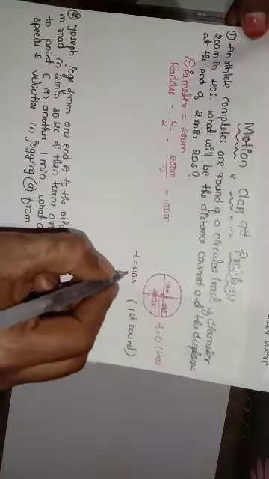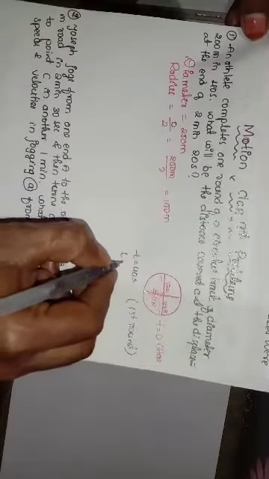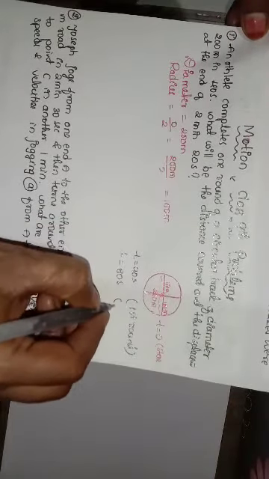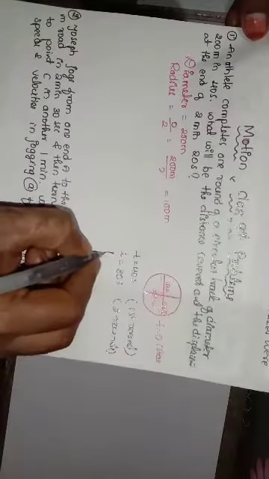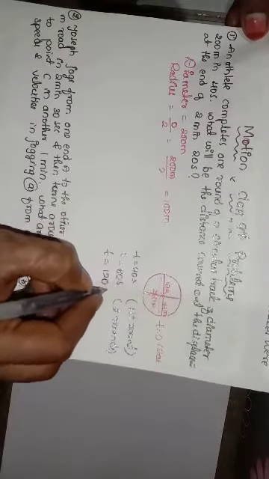For 2 rounds, how much time will he take? 80 seconds for 2 rounds, right? And for 3 rounds, 120 seconds.